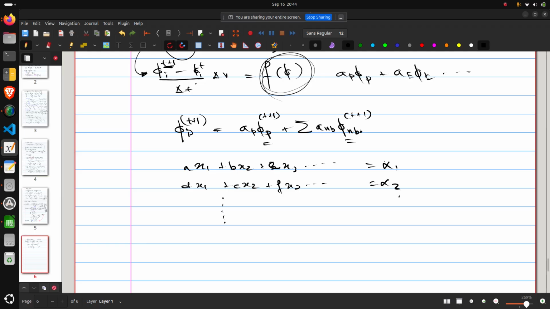So you will have multiple equations. If you have n number of cells, you will have n equations like that, and n variables, right? So you will have an equation for each of the cells with n variables.